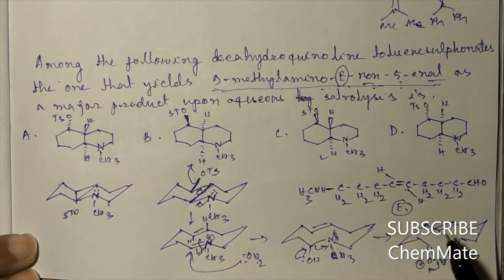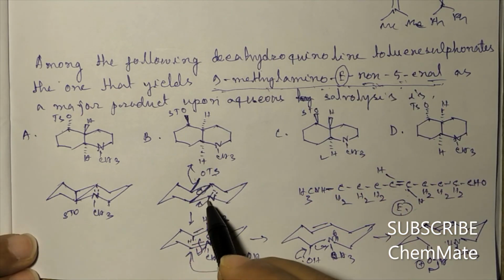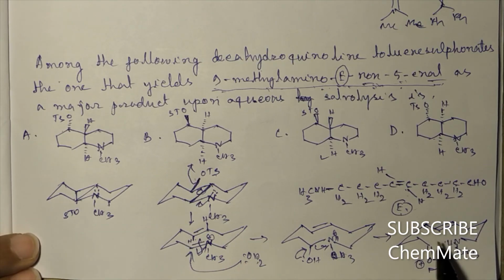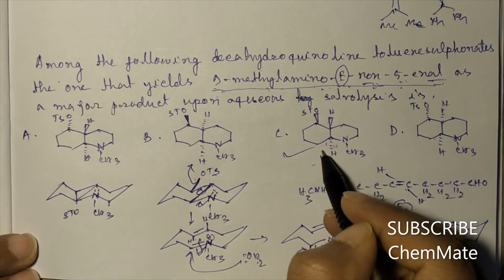So this configuration will be E, and this is actually the 9-methylamino E-non-5-enal. So from this compound this product will be formed. So the answer will be option C.